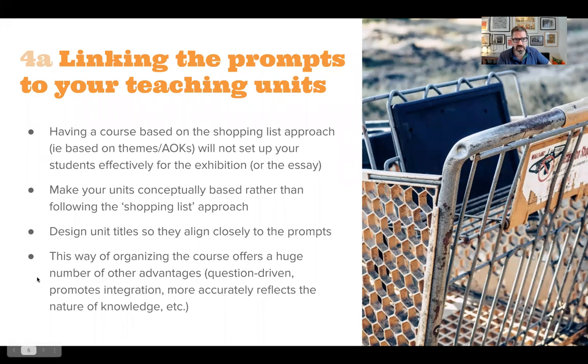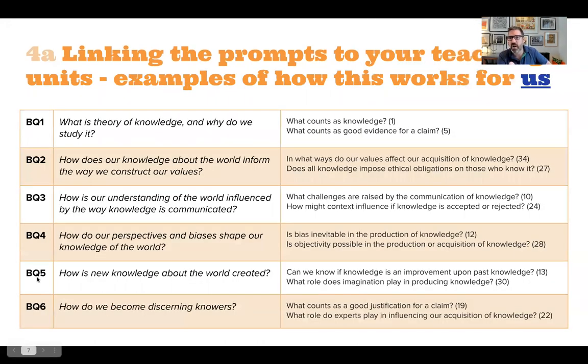Well, let me show you very specifically. So these are our big questions, 6 big questions. The first one looks at the fundamental nature of knowledge, not just theory of knowledge, but knowledge itself. We move on to think about values and the relationship between our knowledge and how we construct our values. Then we look at the way we communicate knowledge and how we can spin ideas and lead people astray consciously or unconsciously.